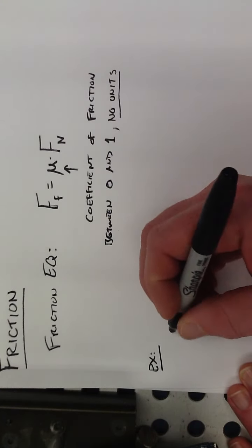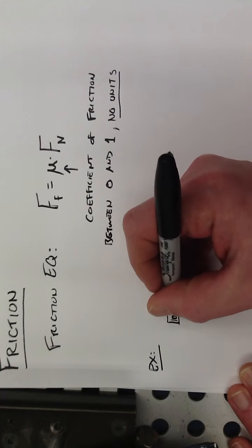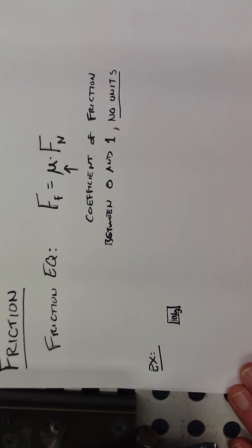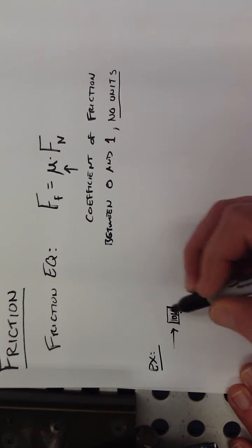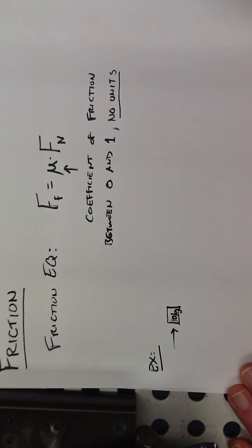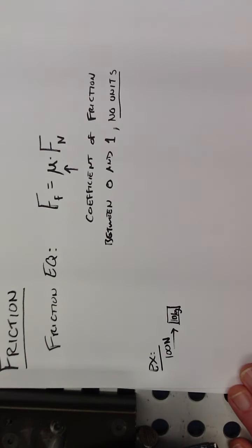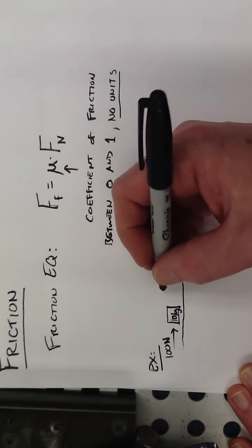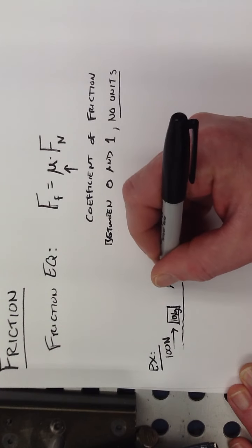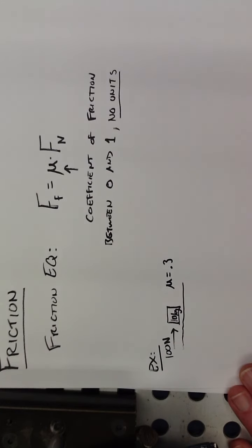Let's say we have a box that is 10 kilograms, and let's say it's being pushed by a force of how about 100 newtons, and it's being pushed across a rough floor, and the coefficient of friction is 0.3. Right? You can expect that to be a number between 0 and 1.